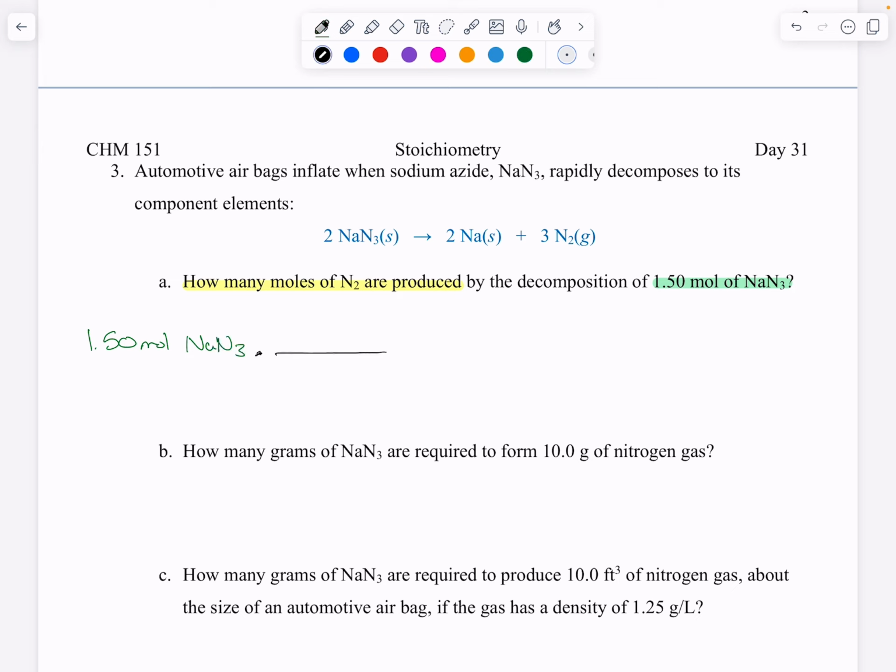And we are going to do moles of N2 per moles of sodium azide. And if we look at our coefficients, we have a 2 on the bottom and 3 at top. Well, if I do that, looks like we get 2.25 moles of N2.